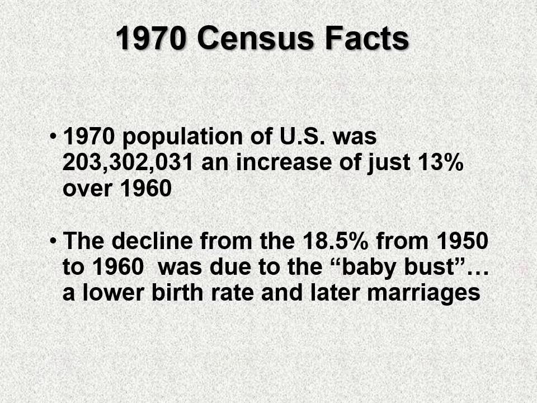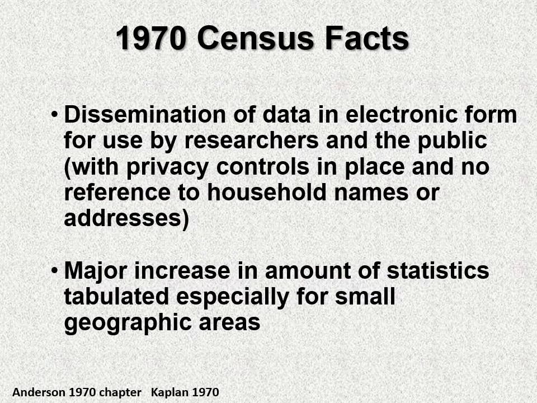And so this reduction of population growth was considered to be due to the baby bust, a lower birth rate, and later marriages. There was a lot of dissemination of data in electronic form for use by researchers and the public.